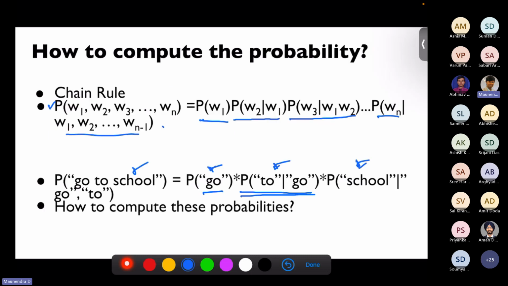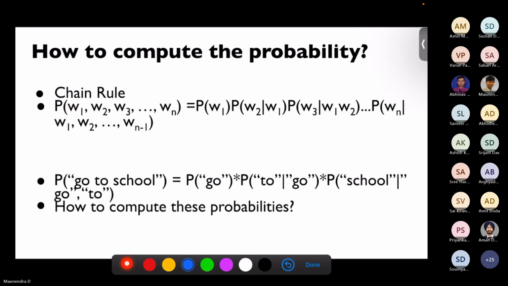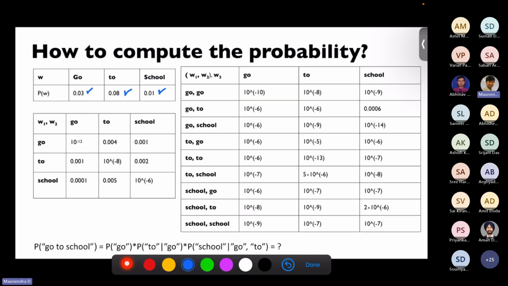This is how these tables can be maintained. We have this table we were talking about, and then we also have something like the probability of school given go and to. For that also we should have some kind of table which says if the first two words are go and to, what is the probability that the next word is school?